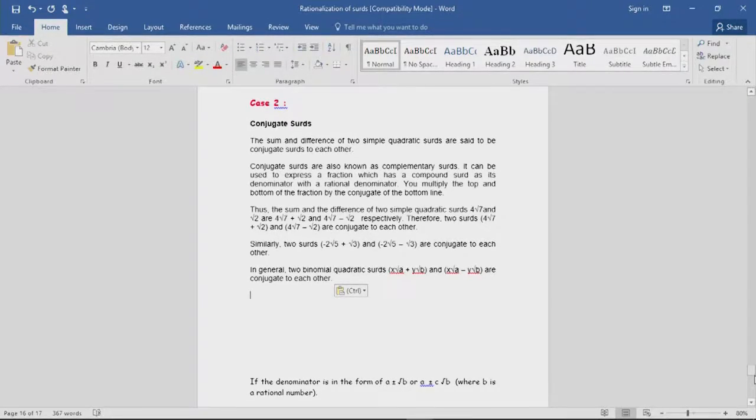It can be used to express a fraction which has a surd as its denominator with a rational denominator. You can multiply top and bottom of the fraction by the conjugate of the bottom line.